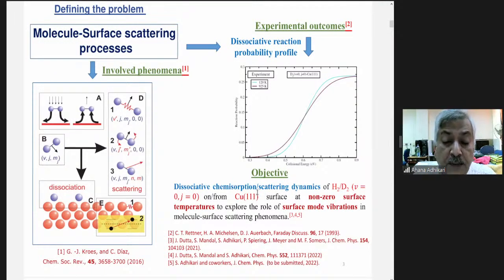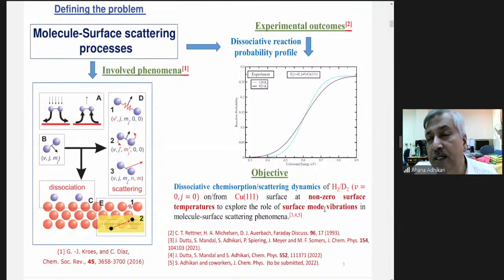Okay, so the caption of this figure is dissociative chemisorption and scattering dynamics of H2 and D2 on the copper 111 surface at non-zero surface temperature, to explore the role of surface mode vibration in molecule-surface scattering. Surface mode vibration means you have multiple copper atoms, and when the copper atoms vibrate around their equilibrium geometry, it can generate hundreds of normal modes.